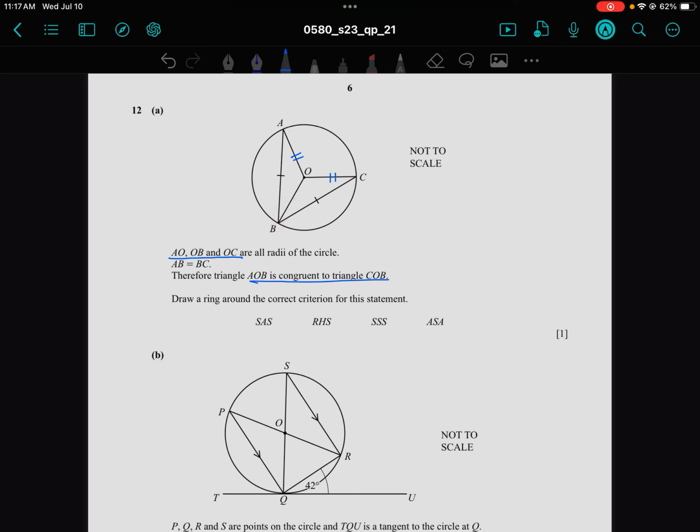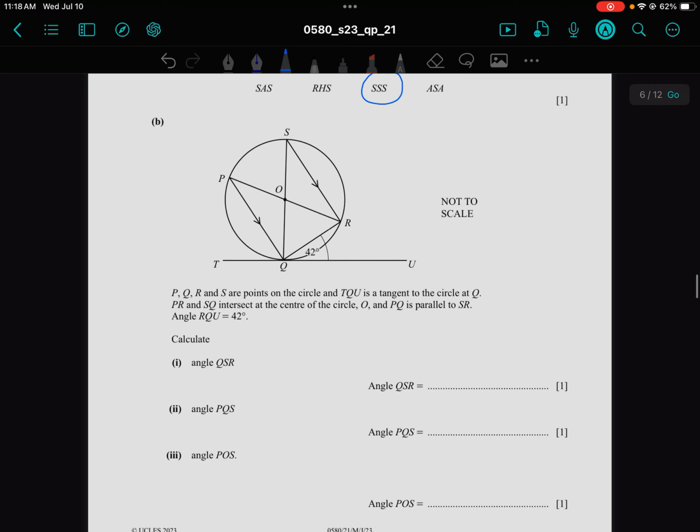So using this statement that AO is equal to OC, AB is equal to BC and BO is equal to BO, common in both, we can say that by the SSS rule, these two triangles are congruent. Part number B.